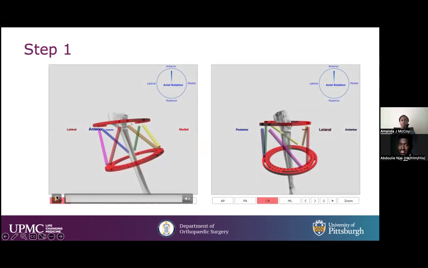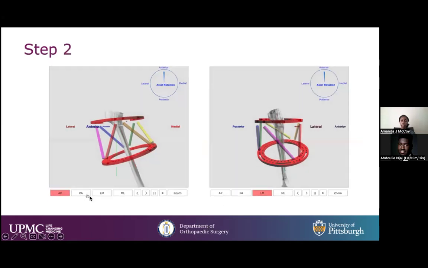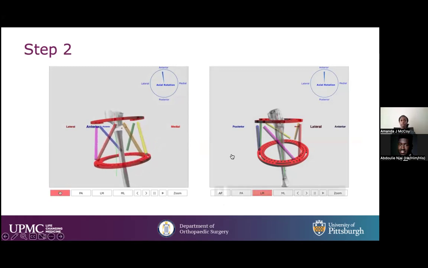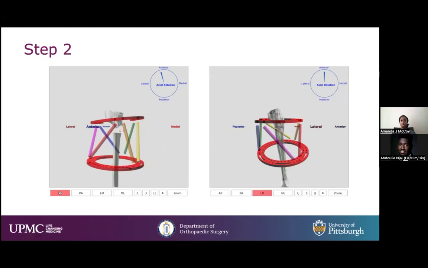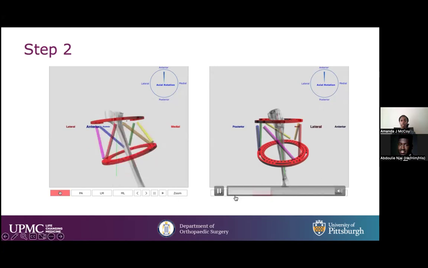We'll go to the next stage. All right, and then here you can see that the deformity is correcting. Being a little bit futzy here.